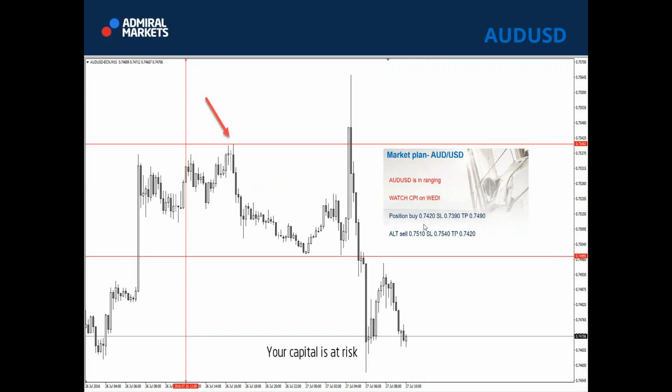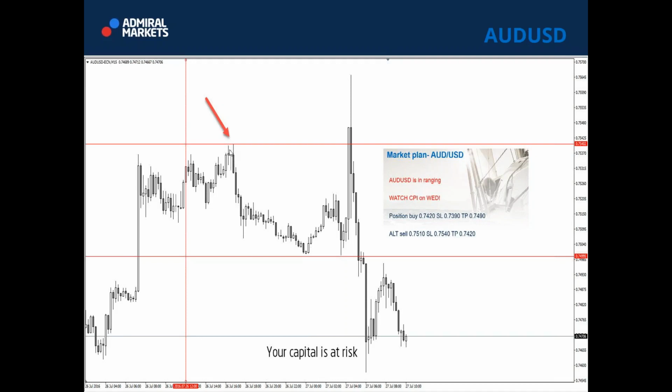For Australian dollar, you saw it, the Australian dollar was going down and it surged up after the positive news and after commodities went up, but it was sold exactly where I meant it to be, here at 75.10. And now see here, if you traded the first rejection, you could have made 20 pips.